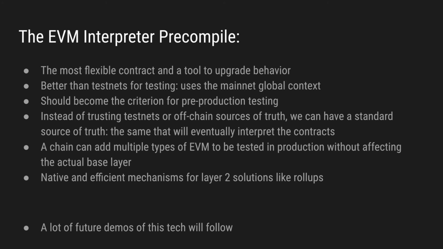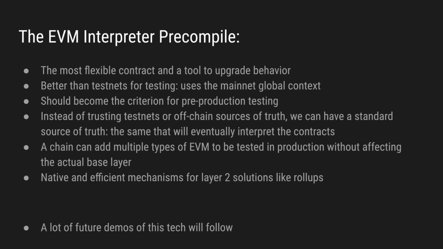Instead of trusting testnets or off-chain sources of truth, we can have a standard source of truth, the same that will eventually interpret the contracts. You can also add multiple types of EVMs to be tested in production without affecting the actual base layer.